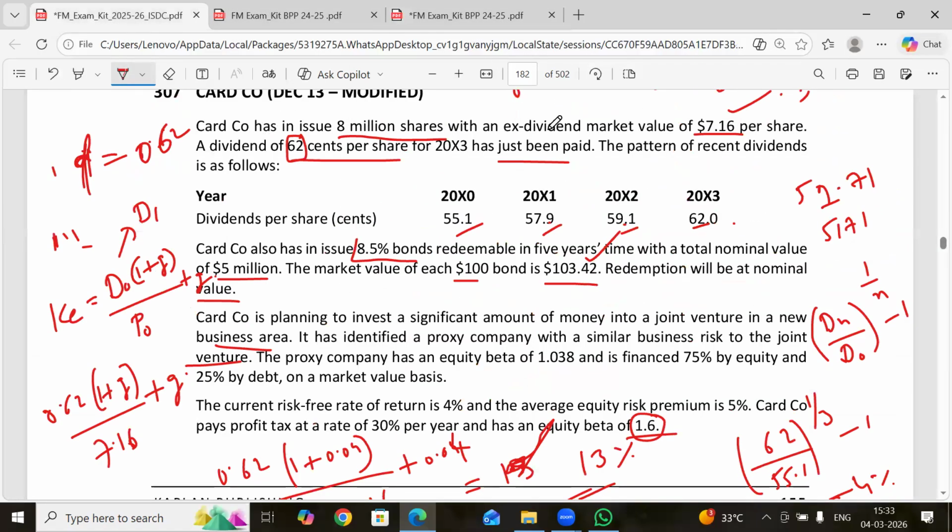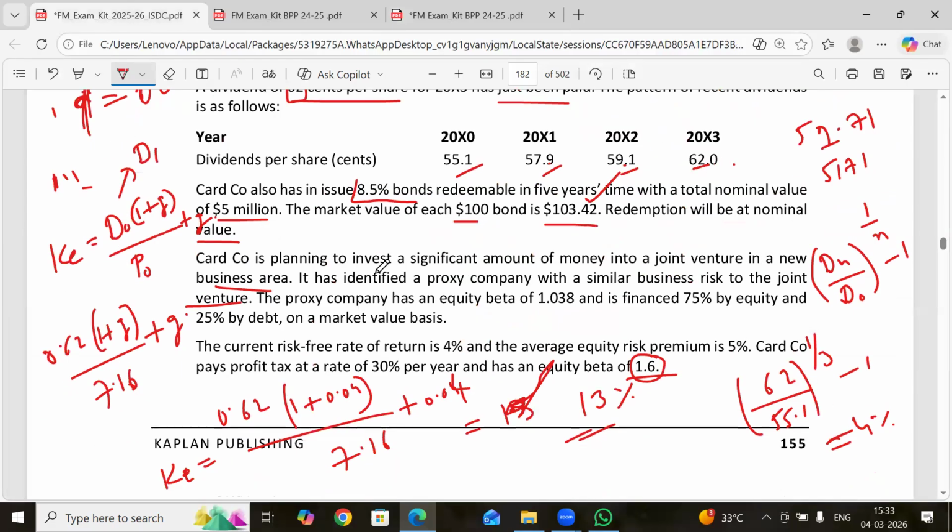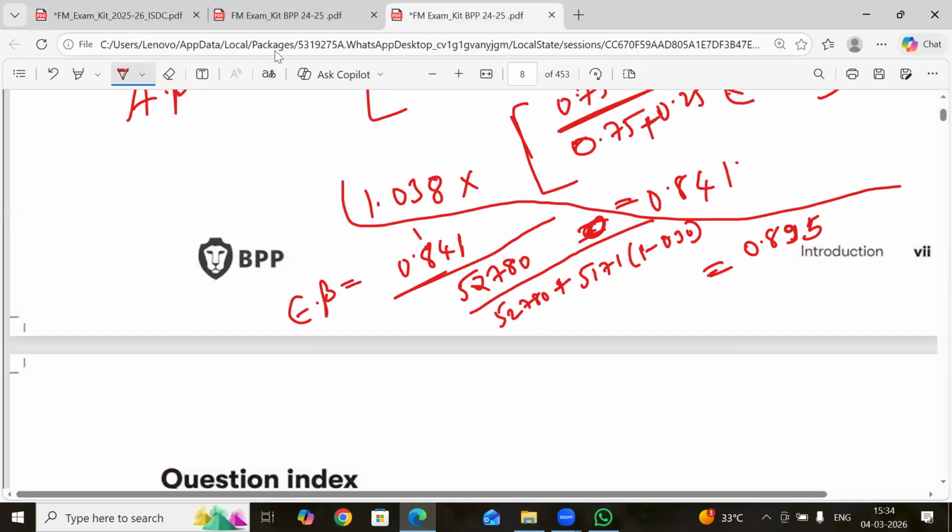Data is clearly given. And they found out the equity beta, the project specific beta. Now this project specific beta we will take, and we will find out the cost of equity.